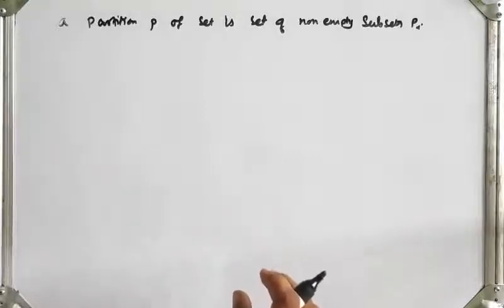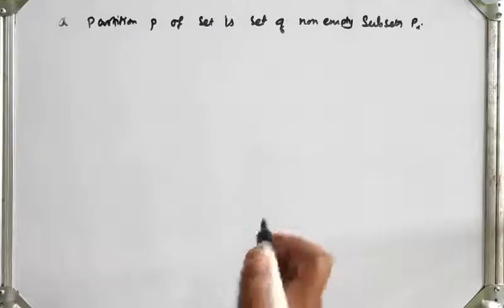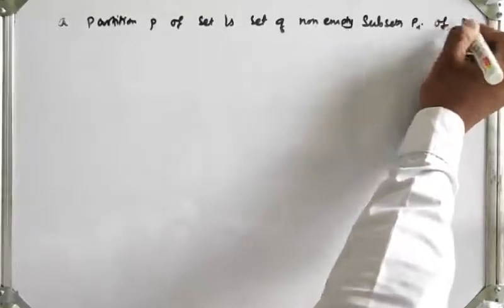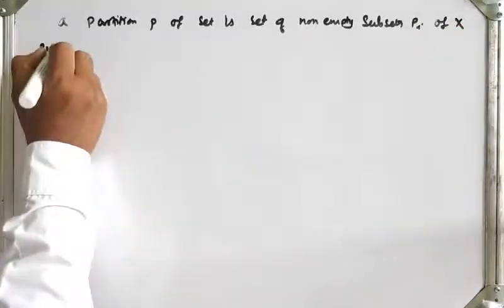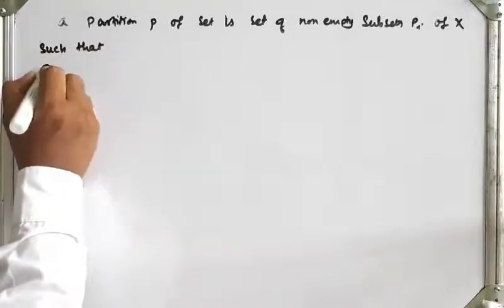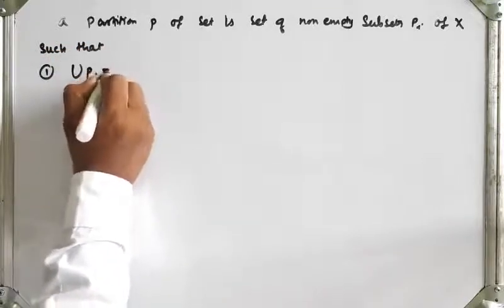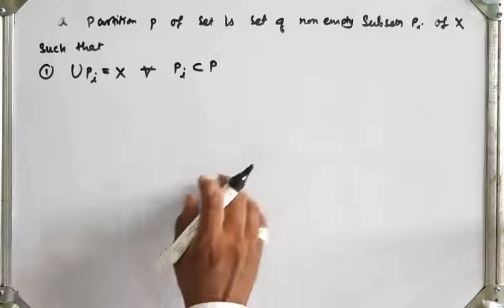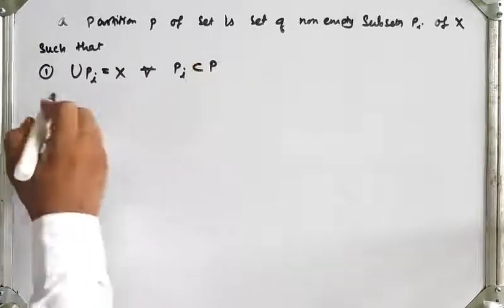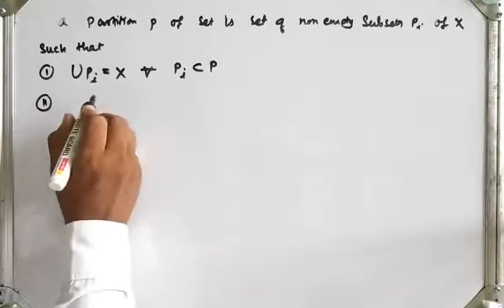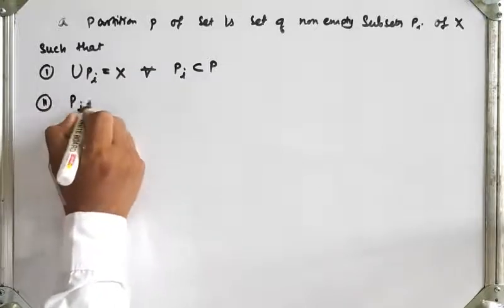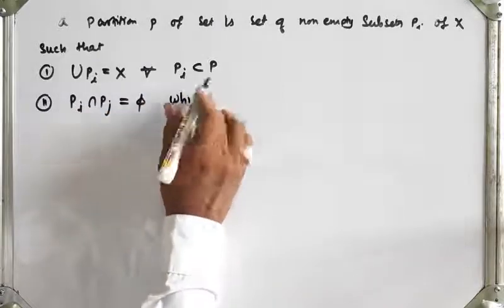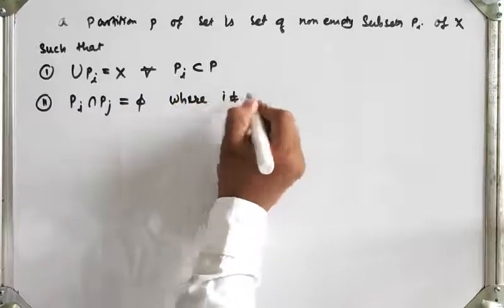A partition P of a set X is a set of non-empty subsets Pi such that, first condition, the union of Pi for all Pi in P is equal to X, that is, the union of all members of P is equal to X. And second condition, any two sets have empty intersection, meaning Pi intersection Pj is always phi, where i is not equal to j.